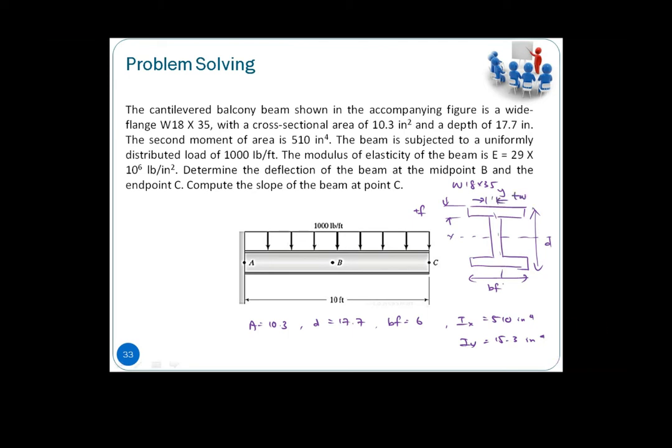You need all this information later on to model: TF is 0.425, TW is 0.3 inch. So you need all this information, or I can share it with you later on.